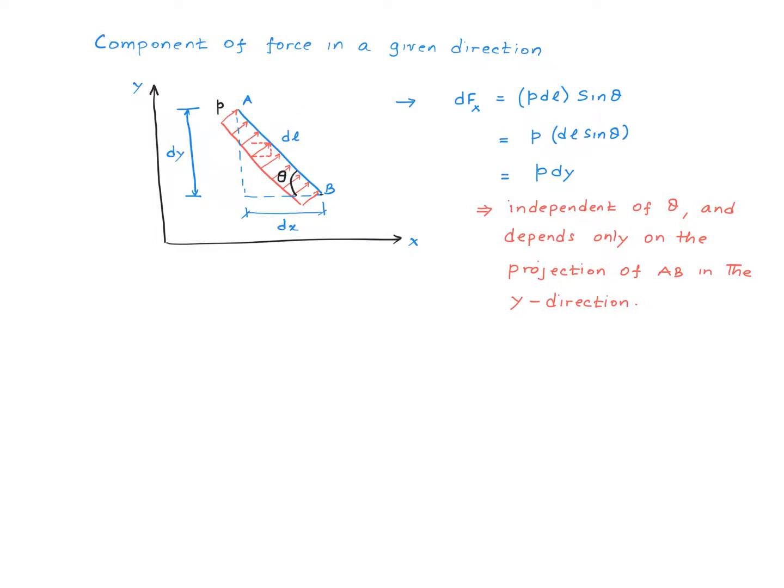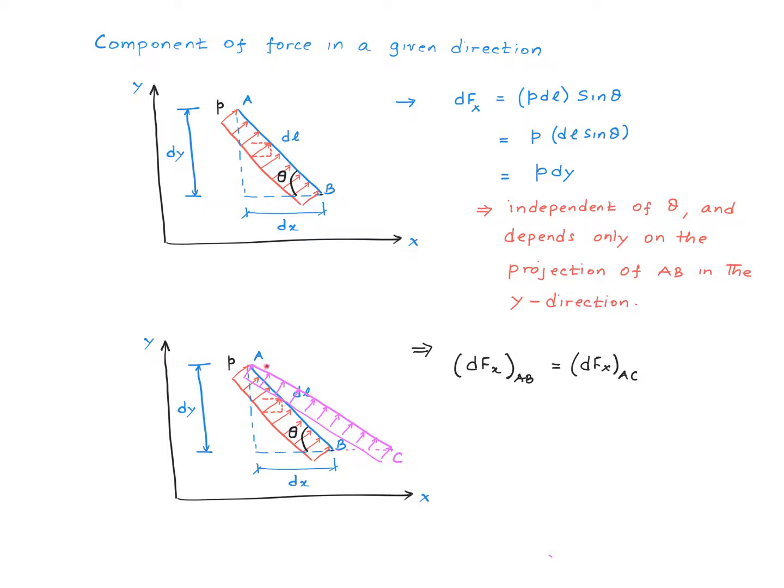So in the second line here, I'm grouping dl and sine theta together because now we come back and look at this little geometry here. We see that dl sine theta is simply dy, right? And therefore what we have is dFx equals simply p times dy. And you see that the angle theta has disappeared completely. So the force in the x direction depends only on the projection of AB in the y direction.